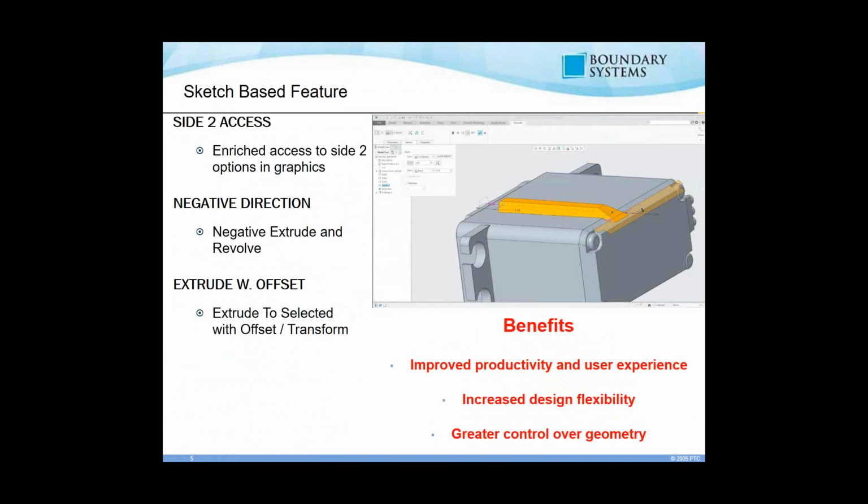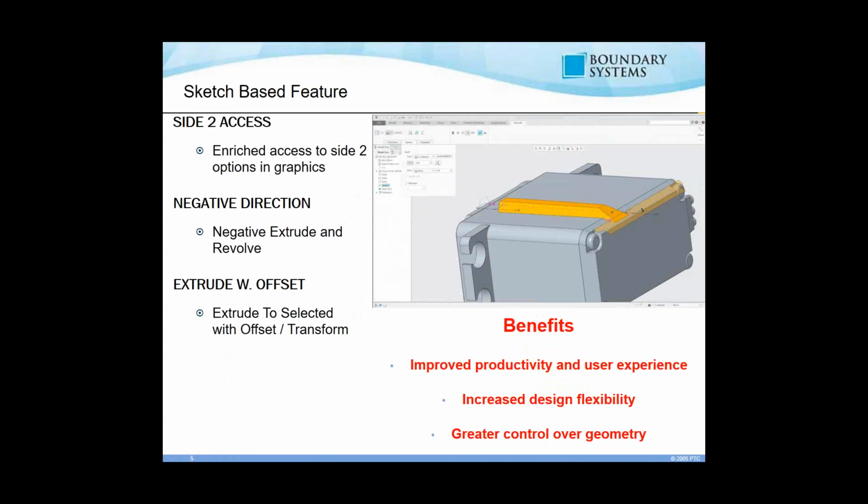Now there's a much easier way to do that. And not only that, but now you can also create a negative extrude direction, and also negative revolve as well. So that really gives you a lot of flexibility in the kinds of geometries you can create with just the same feature.